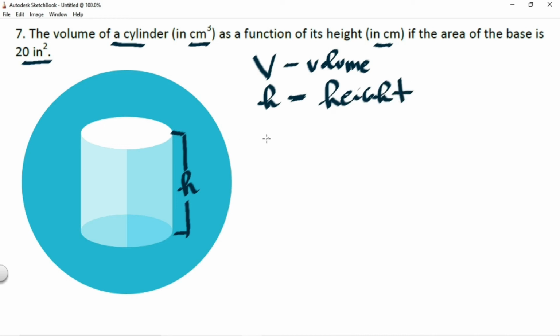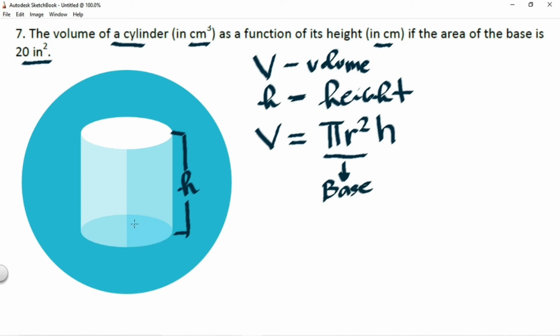The common equation for the volume of the cylinder is volume is equal to pi radius raised to 2 multiplied by height. This pi r raised to 2 refers to the area of the base, which is a circle.